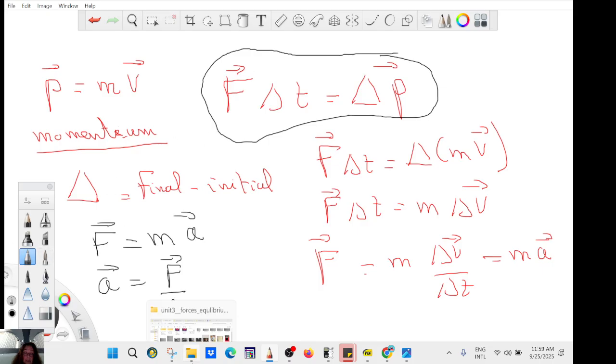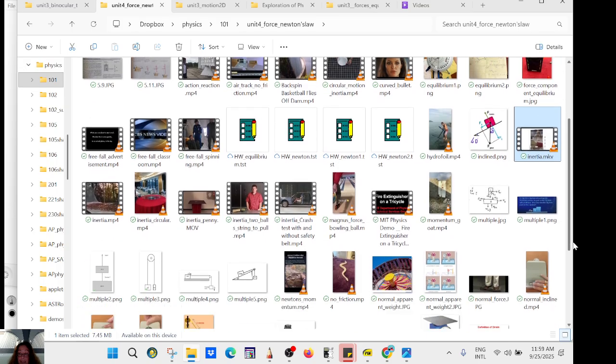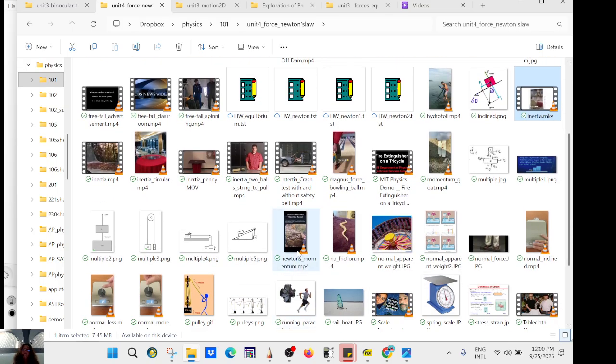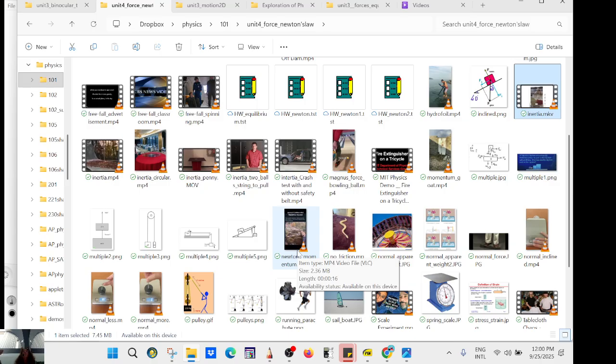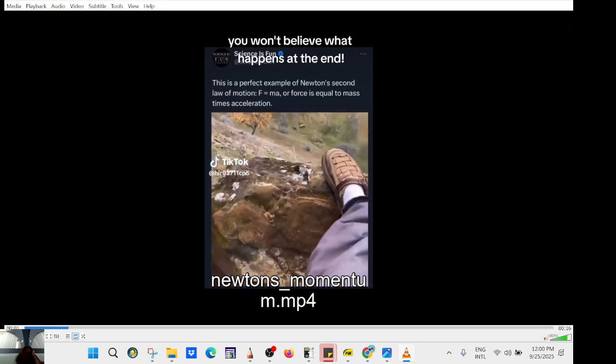Okay, so for example, very quickly, a change in momentum, moving to stopping, is like boxing, right? Change in momentum means force.